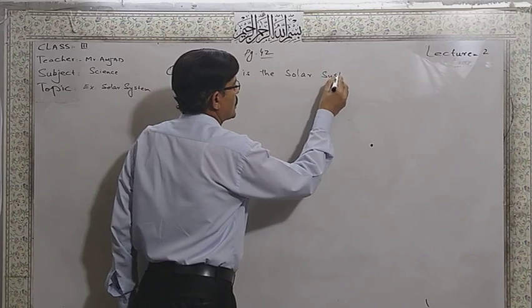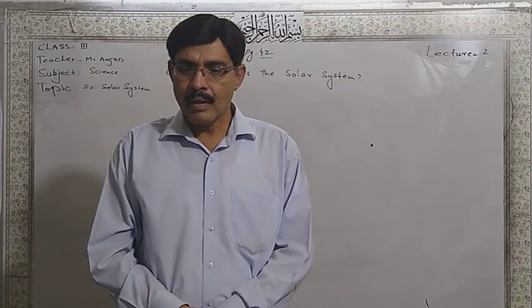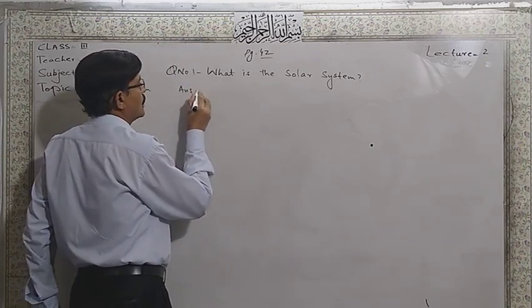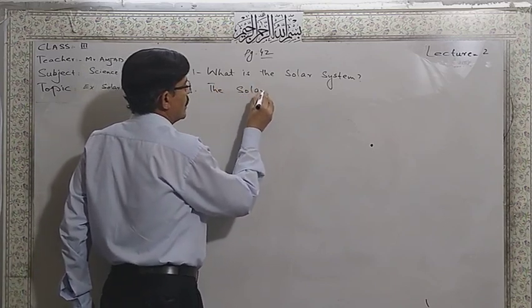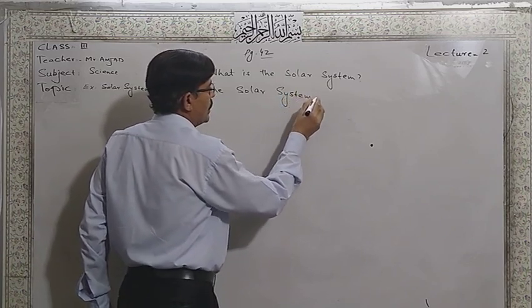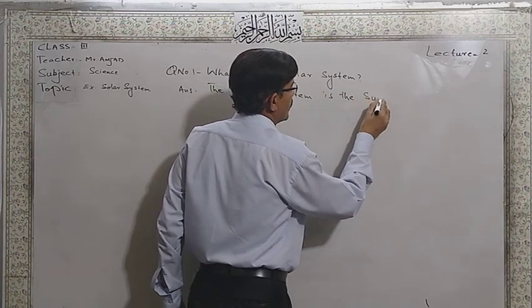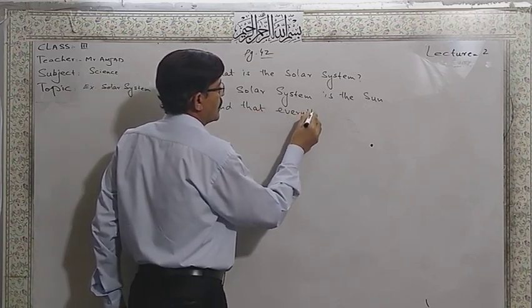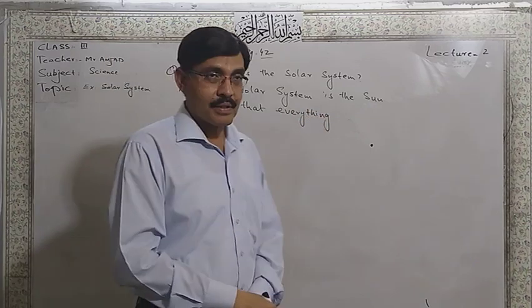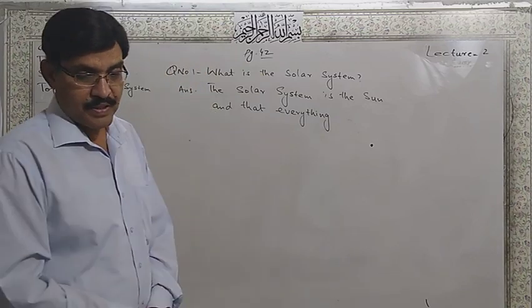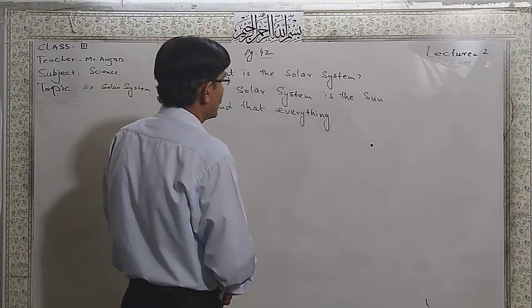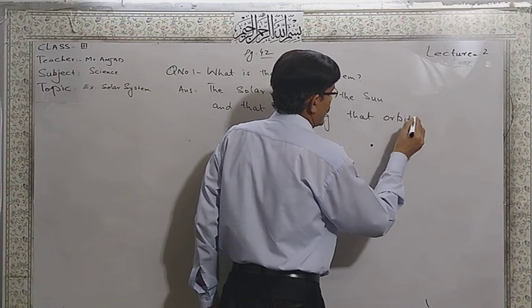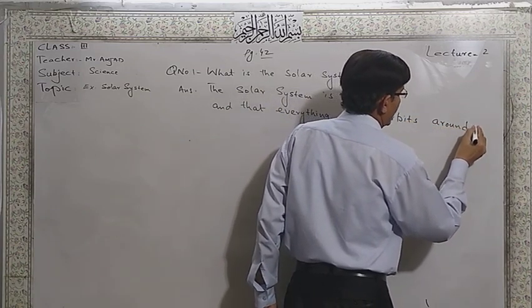Solar system? Answer: The solar system is the sun and everything that orbits around it.